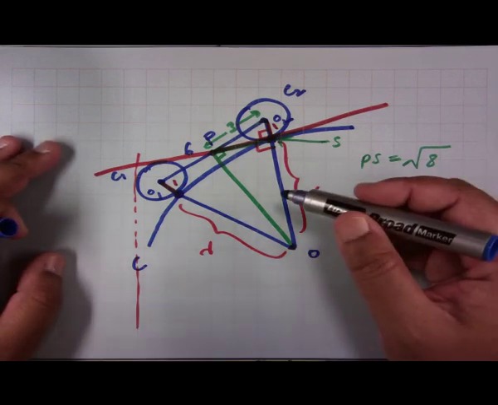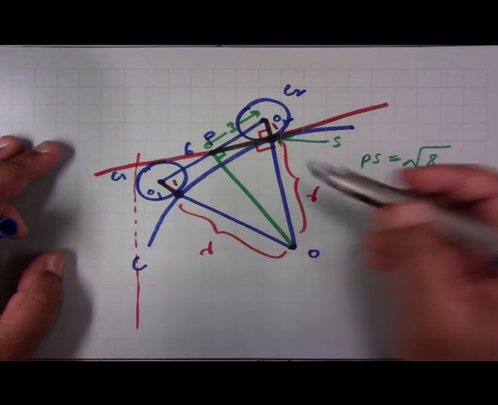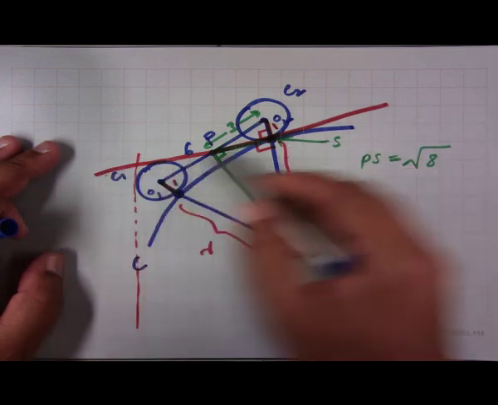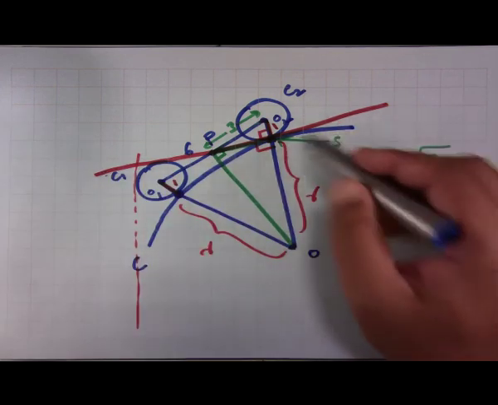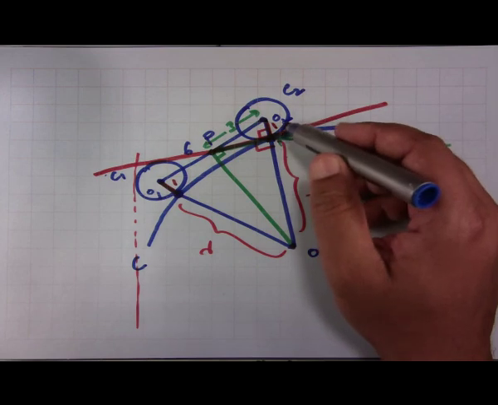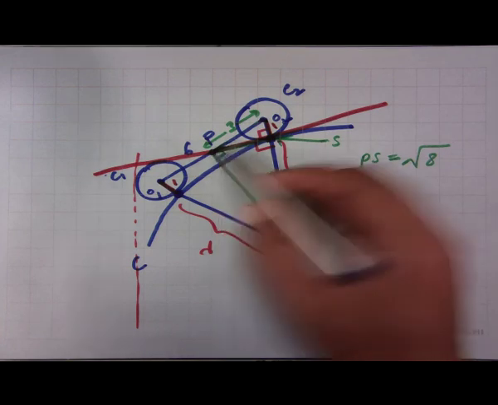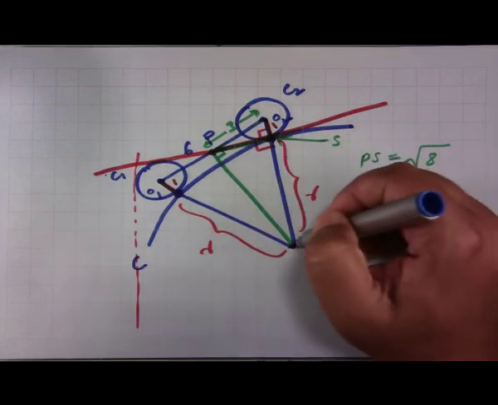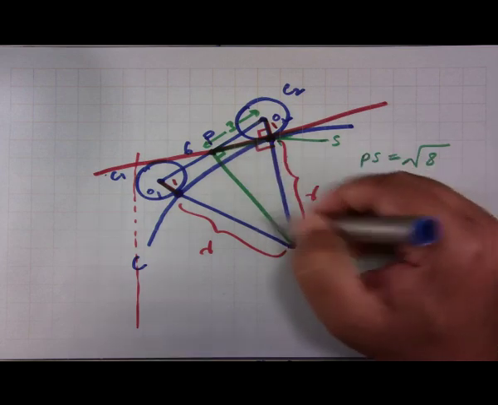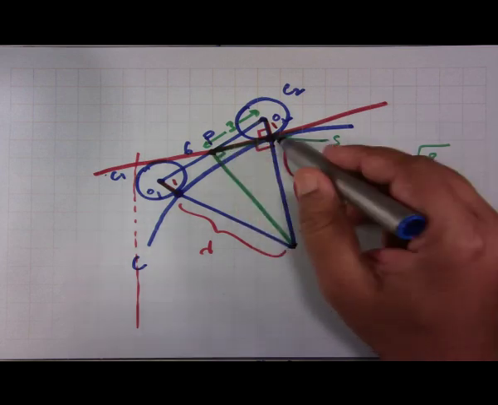Now, what we also see is that because this red straight line is a common tangent between C2 and C, the triangle PSO is also a right angle triangle.